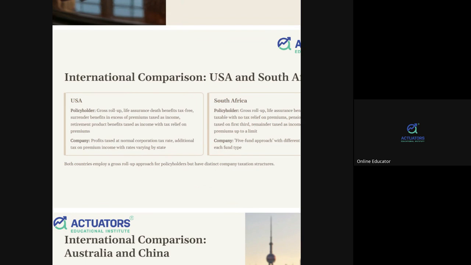Now, the problem with the US is you have 50 states, and every state has a different tax code, with different premium tax rates. So you'll have to see which state the insurer is domiciled in. Whatever is the home state of the insurance company, it will have to collect premium tax based on the tax rates of that particular state. Okay?